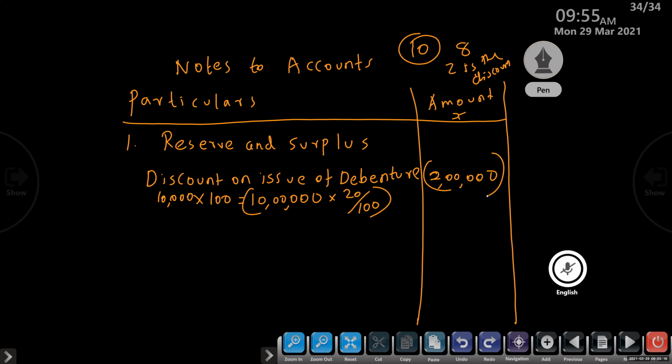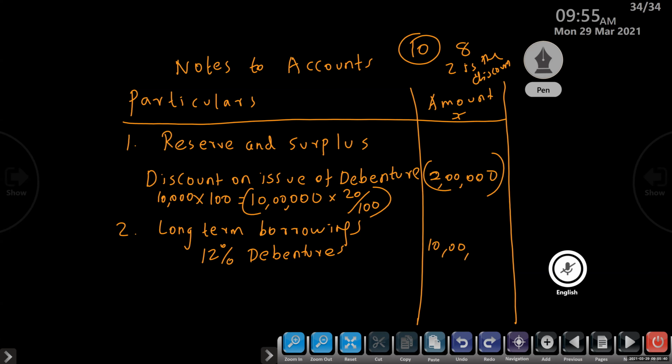Now the second one, long term borrowings. That is 12% debentures, and the amount, we know, is 10 lakh.